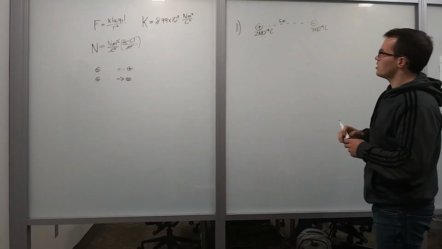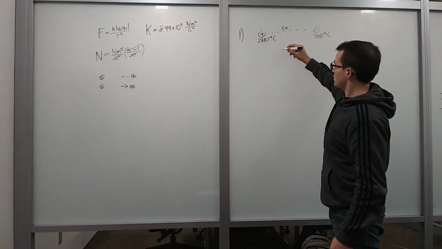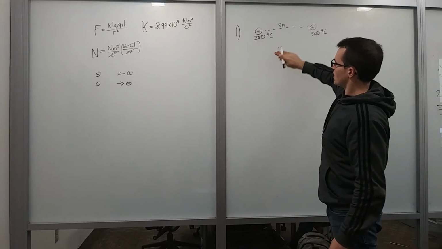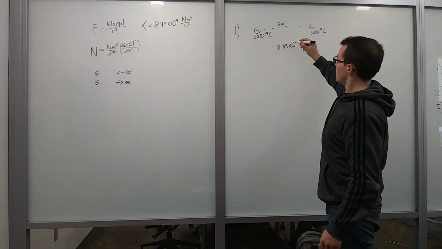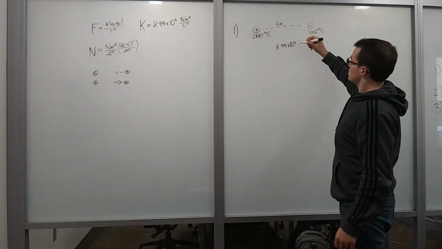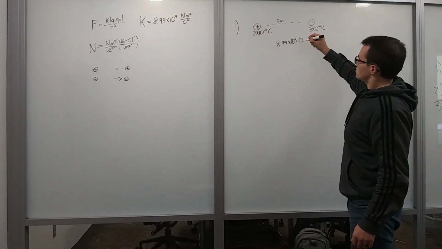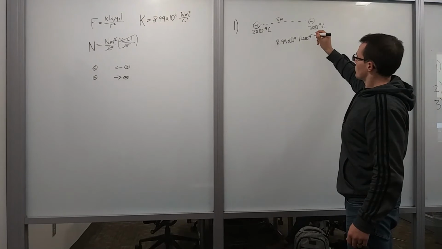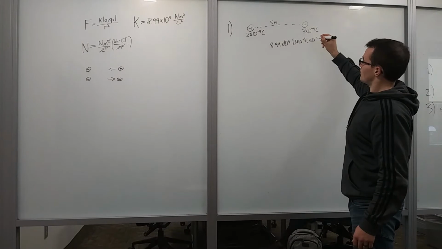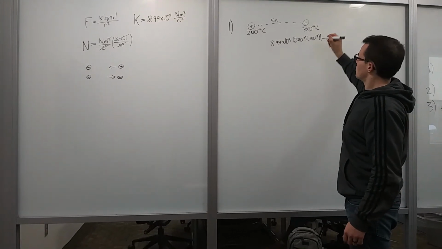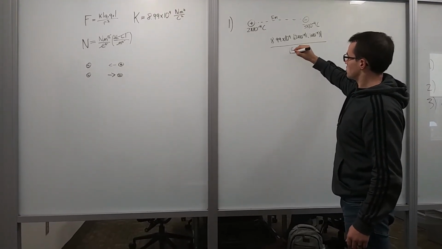Nice round number. If we plug these numbers into our equation, we're going to get 8.99 times 10 to the 9th, times 2 times 10 to the negative 4th, times 3 times 10 to the negative 4th, all over 5 meters squared.